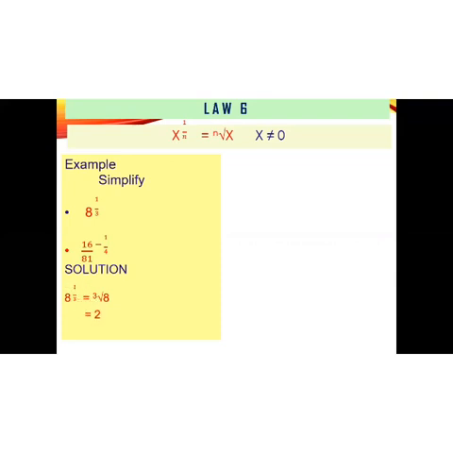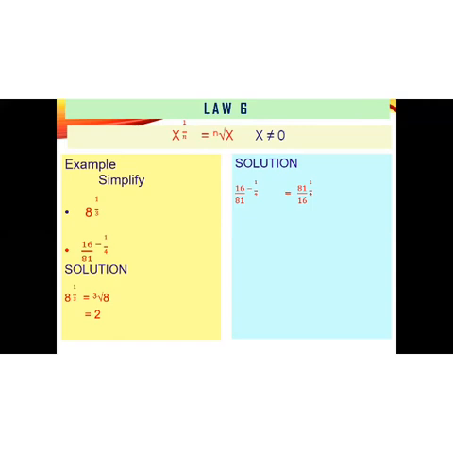That's an easy one. Now, the second question is 16 over 81 raised to the power of minus 1 over 4. Now, our first duty there is to find the reciprocal of 16 over 81. That's, switch the places of the denominator and numerator.